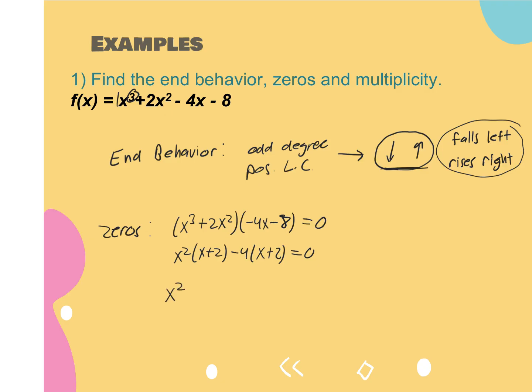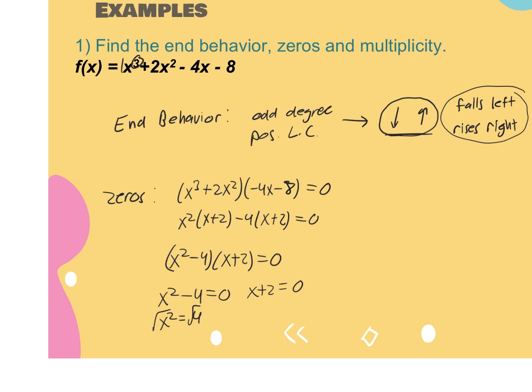And so we end up with x squared minus 4 and x plus 2 equals 0. So then we get x squared minus 4 equals 0 and x plus 2 equals 0. So x squared is 4, square root both sides, and I get x is plus or minus 2. Subtract 2 on both sides, and I get x equals negative 2.